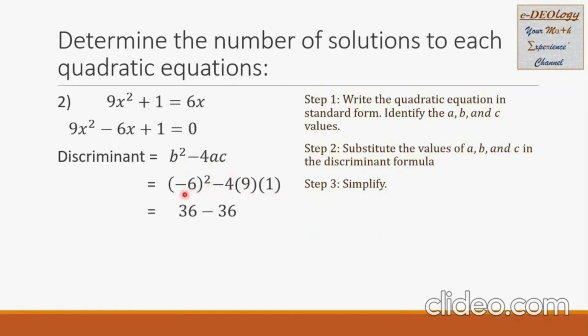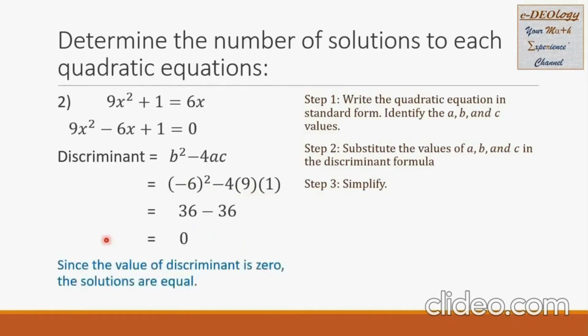The square of negative 6 is positive 36 minus the product of 4 and 9 and 1 is 36. So we have 36 minus 36 equals 0. Since the value of discriminant is 0, the solutions are equal. Or we can say there is one real solution.